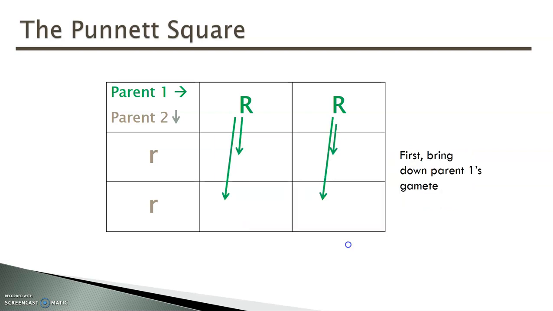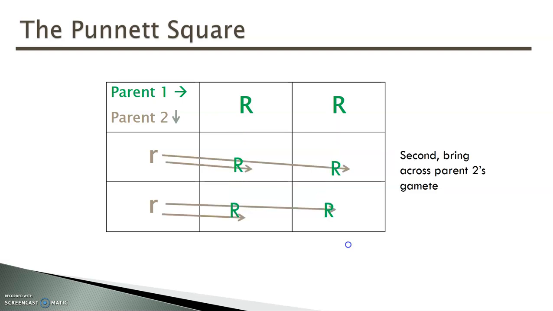So in order to create the Punnett square, the first thing we need to do is bring down parent 1's gene. So the big R is going to go into each box. So every child in this situation is going to get one dominant allele with the big R. Then we can bring over parent 2's gametes to each kid.